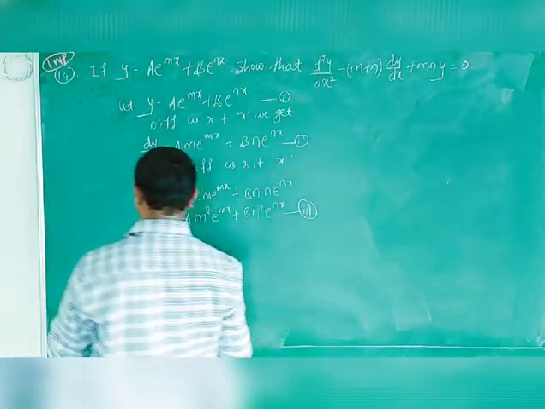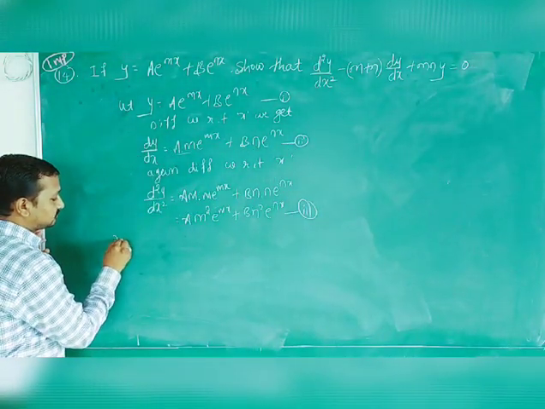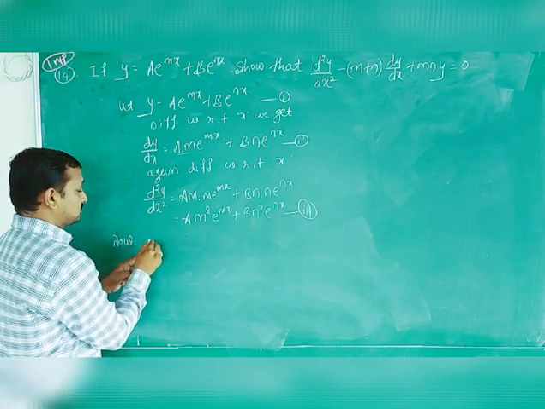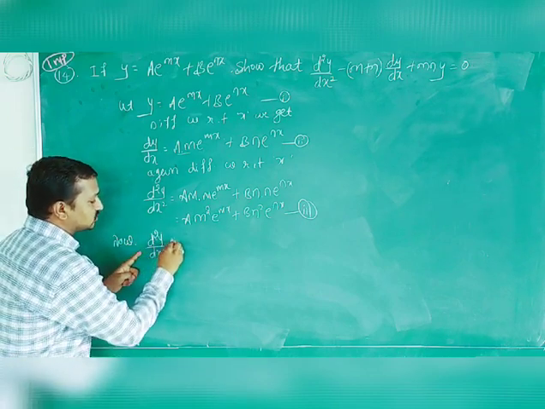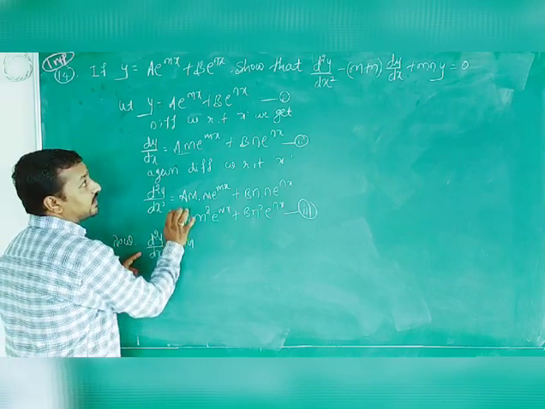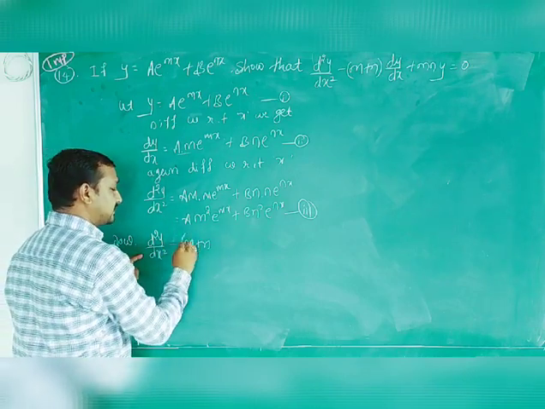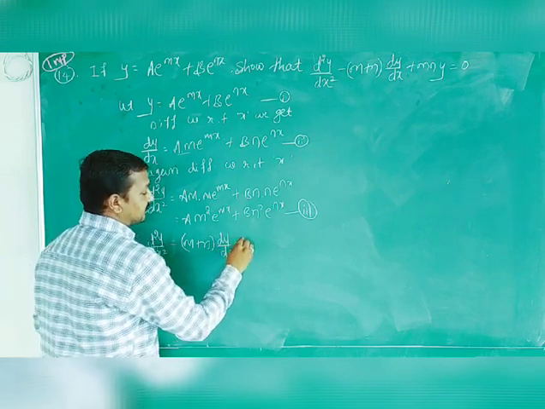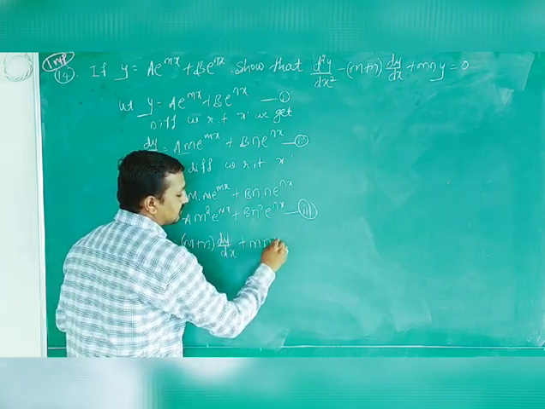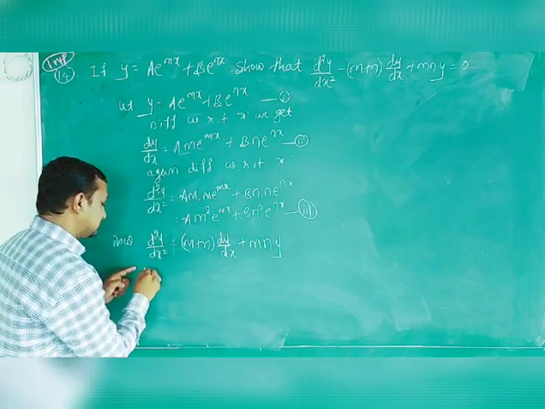Now the result: d2y by dx2 minus (m plus n) times dy by dx plus mn times y equals.